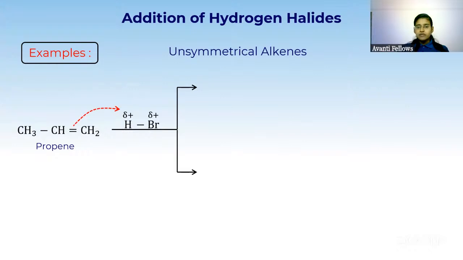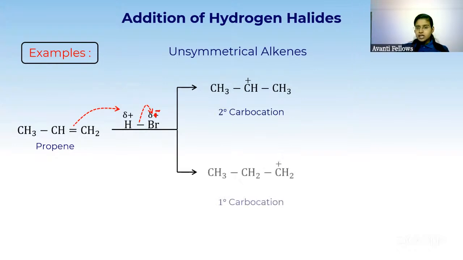So the double bond will go and attack the H plus and the electron will be shifted towards, actually here it is delta minus, because bromine is electronegative. Electrons will move towards bromine. And we get a carbocation. Two different types of carbocation we get.